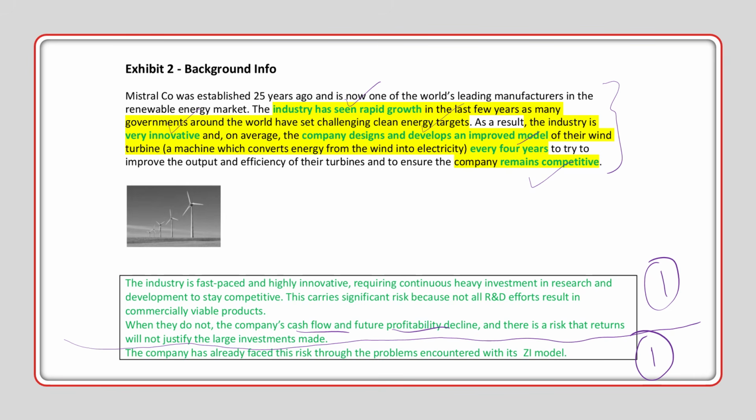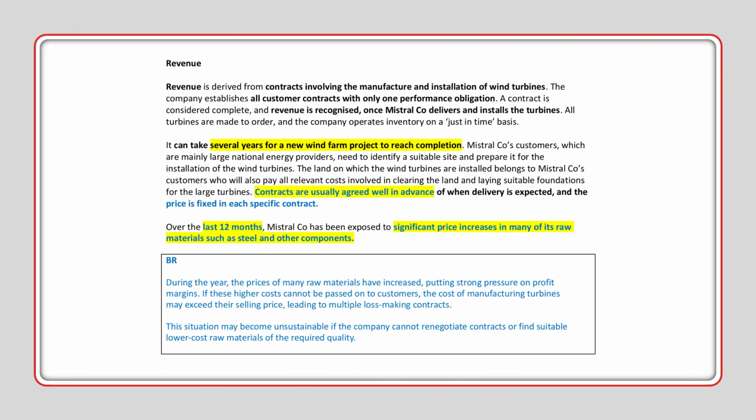They have already faced this because of their Z1 model. So I'm basically saying that now this risk is a bit more real for them because this has already happened. Depending on how you word it, you could easily get your 2 marks for my first business risk.